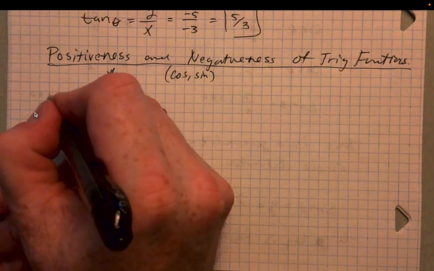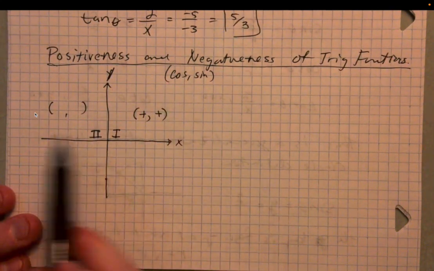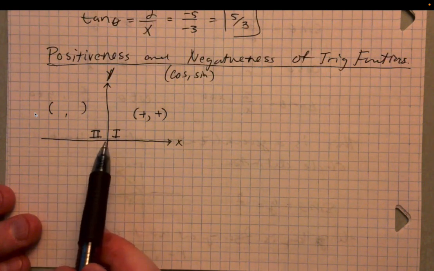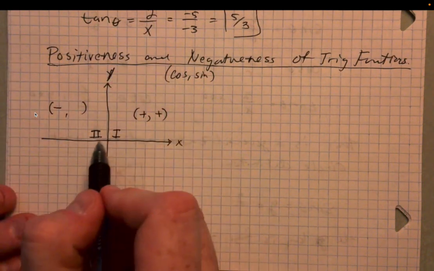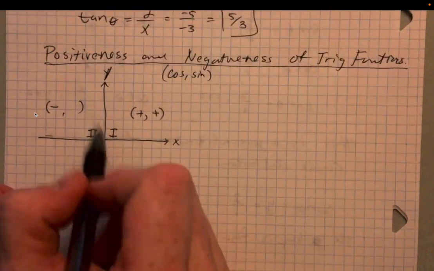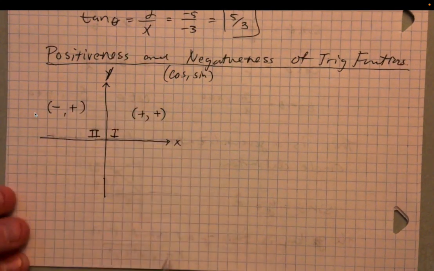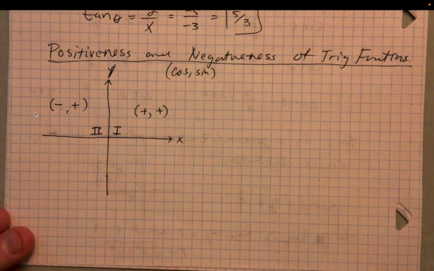Well, over here, my cosine is negative, isn't it? Think of cosine as the x direction, and that's going to be negative here because I'm going this way on the x-axis. And y, or sine, is still positive. So over here, I've got a negative and a positive.